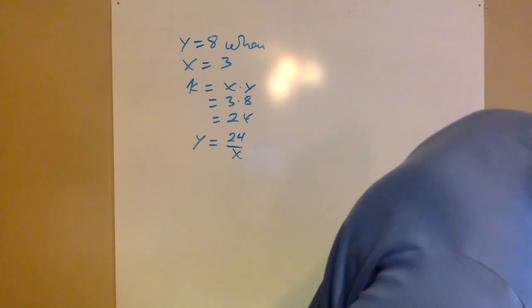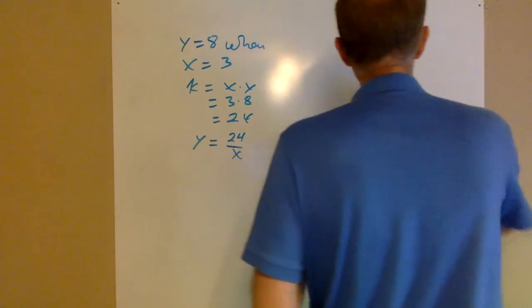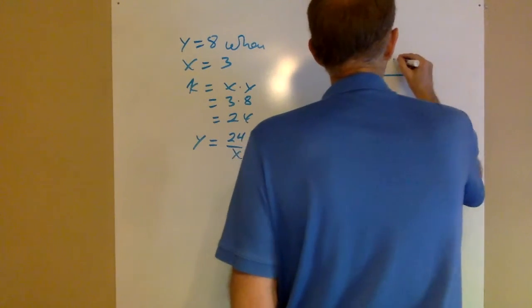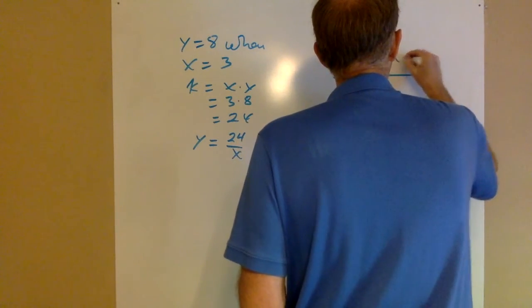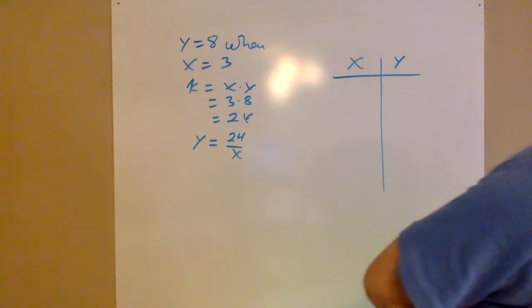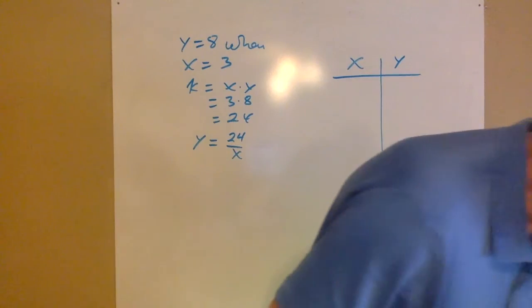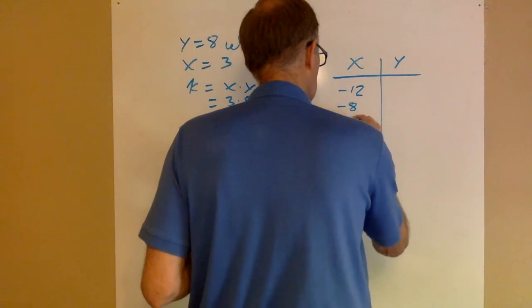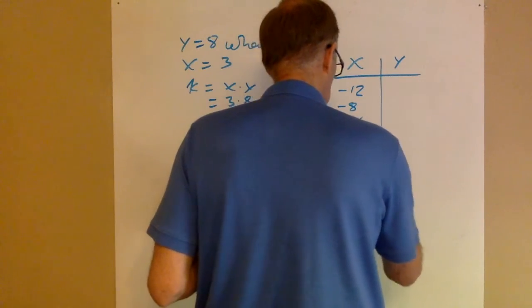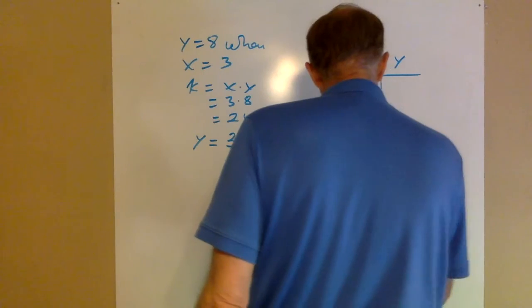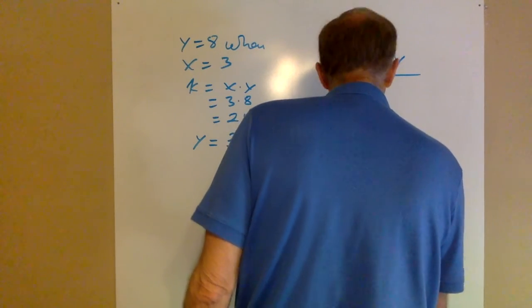Now I'm going to come up with a data table here, and I'm going to pick some x values: -12, -8, -4, -2, 0, and 2, 4, 6, 8, 12.